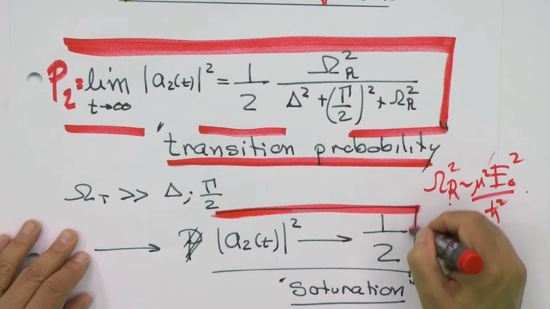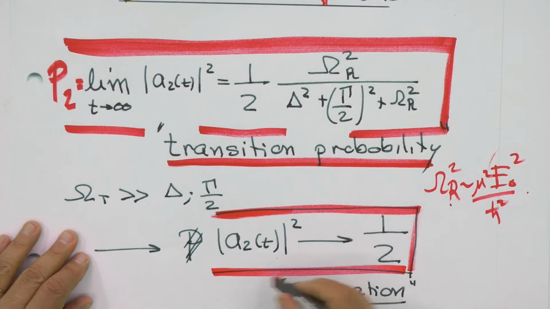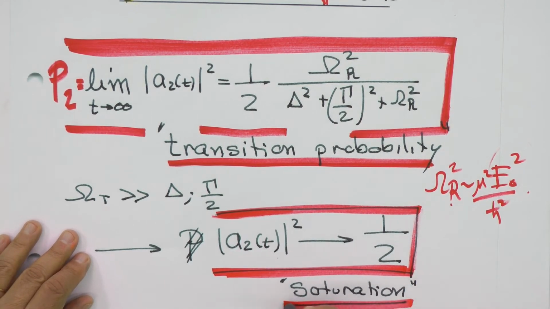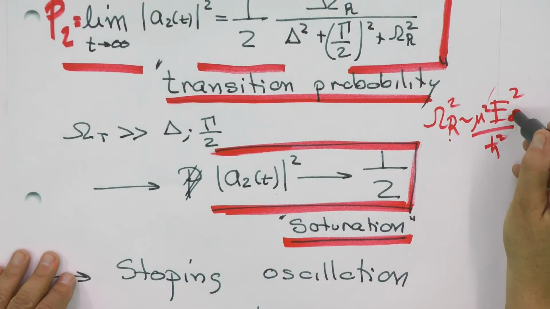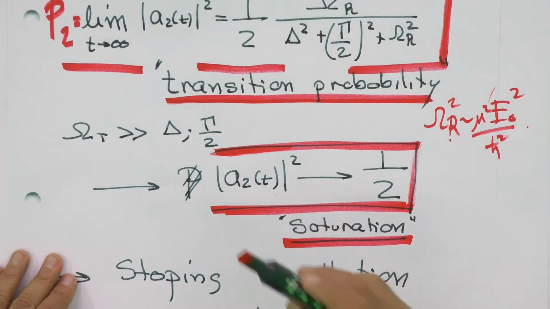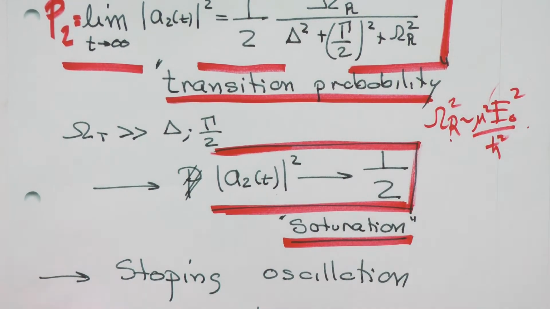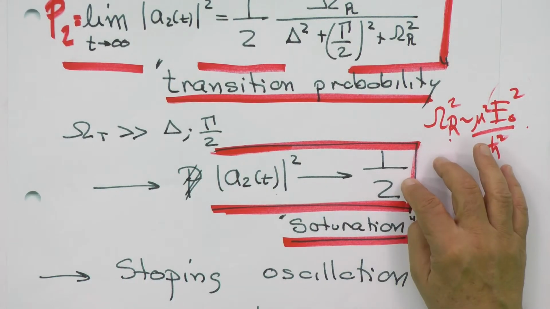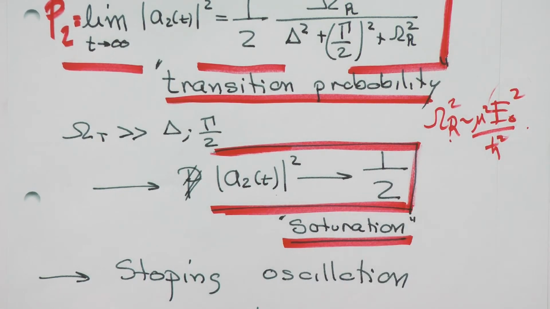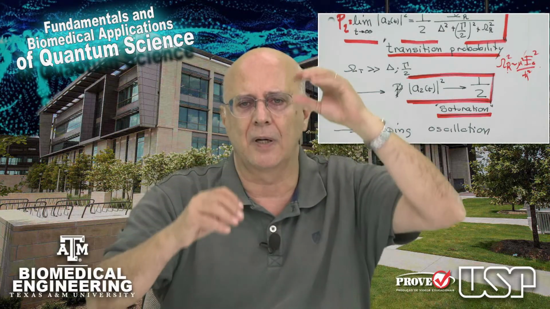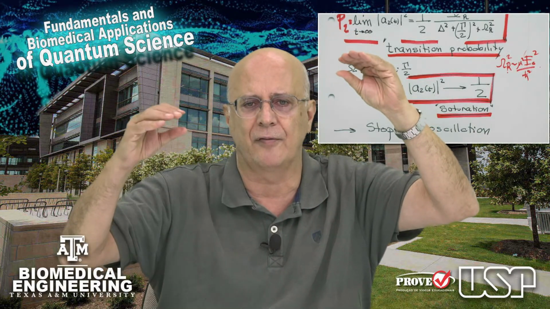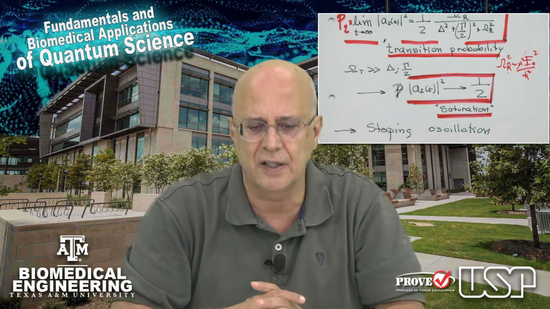That's the famous statement that when I saturate the transition, put a lot of energy through the intensity of light, the probability to have the system there, the best we can do is half. The best we can do is having half of the system in an excited state, half of the system in the ground state.